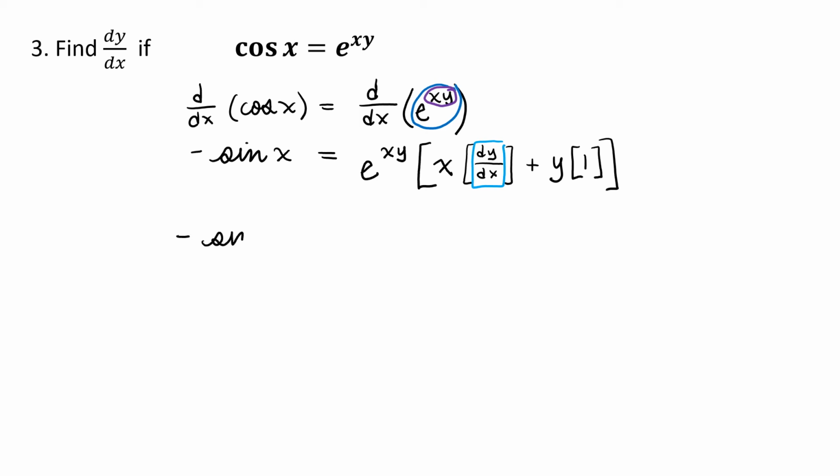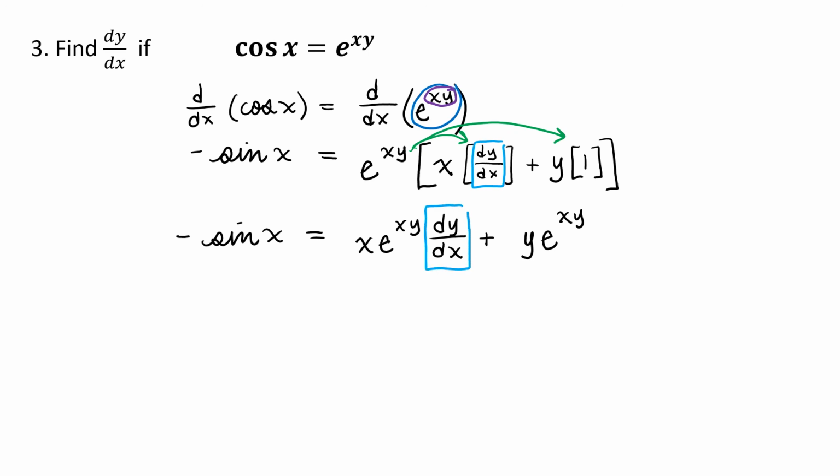So we have negative sine of x is equal to x e to the xy dy dx plus y e to the xy. So I just distributed my e to the xy. And now I'm still solving for this dy dx.